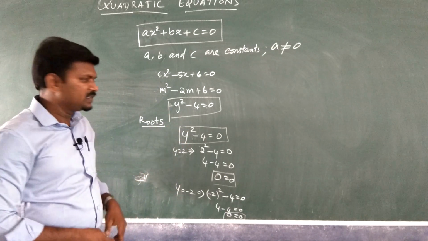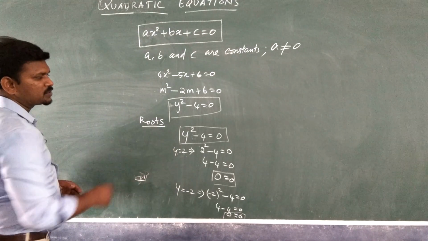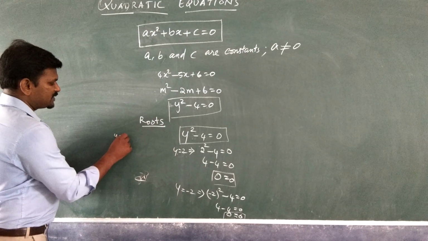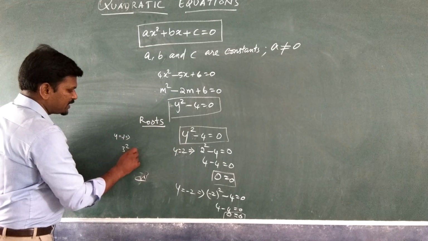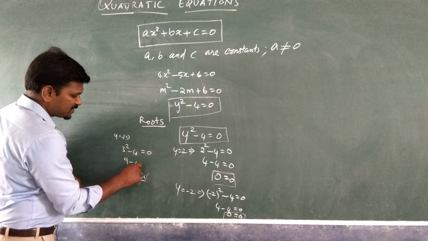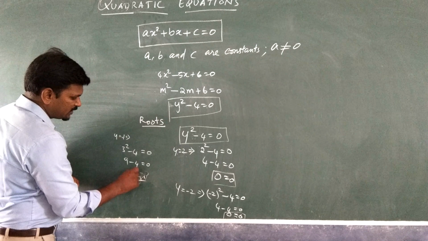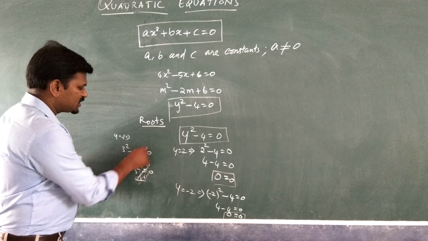If we substitute another value, for example, I am substituting 3. When we substitute y is equal to 3 in this equation, 3 square minus 4 is equal to 0. 3 square is 9, 9 minus 4 is 5. So 5 is not equal to 0.